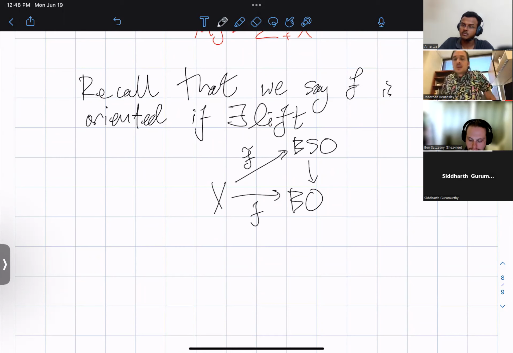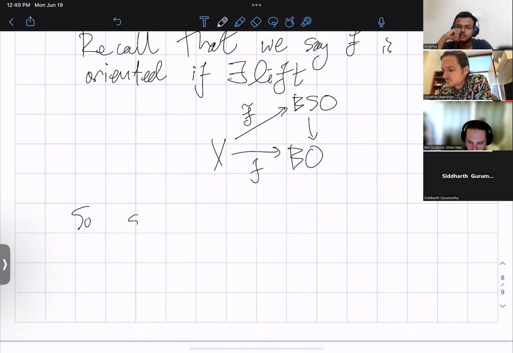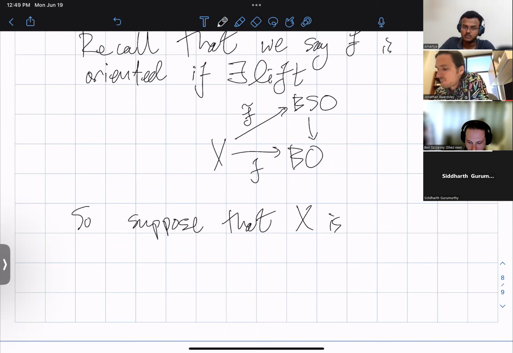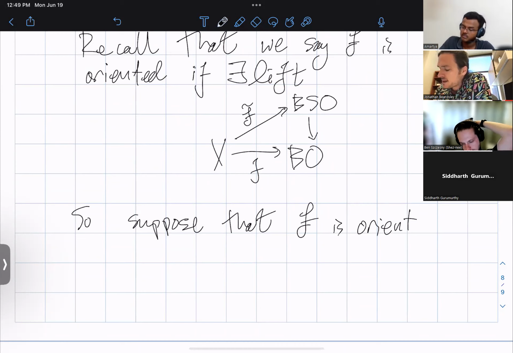So can you lift the structure group of your vector bundle to SO? So let's suppose we're starting with that, or rather, not X here, but f, some finite dimensional oriented real vector bundle.